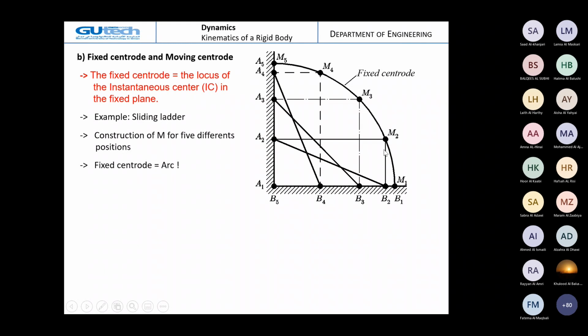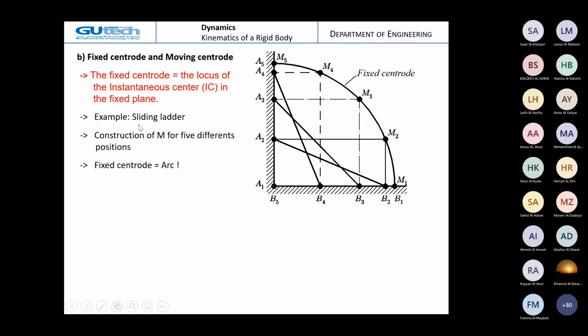If we join the intersections at each time, we see it's only a quarter of the circle. And this will be called the fixed centroid. The fixed centroid is the locus of the instantaneous center, which we call EC, in the fixed plane.